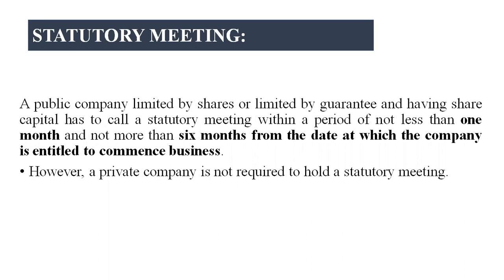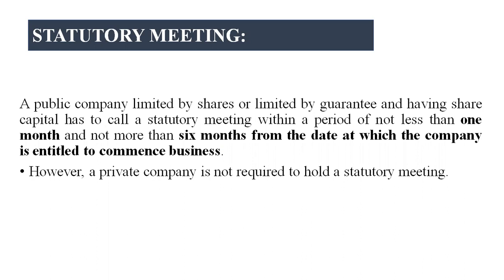On that certificate, whatever date is mentioned, from that date onwards, not less than, it means not within that 1 month period, after passing 1 month and within 6 months, the statutory meeting is to be held from the date of commencement.